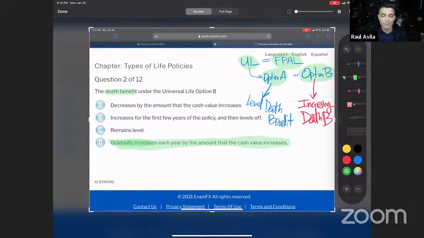Level death benefit, option A, says if the coverage starts at 300,000 and there's $10,000 in cash value and then they die, how much does the family get? The beneficiaries get $300,000. They lose the $10,000. That's called a level death benefit. The 300,000 is level and never changes, even if there's another $100,000 in cash value.